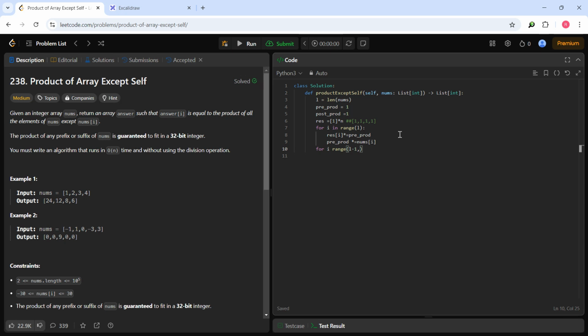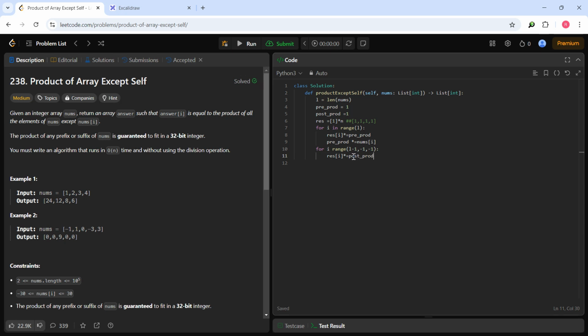Then it will go to the last term, but in reverse order. This is the syntax in Python to loop in reverse. And this time again we will write result at i would be multiplied by, result at i was already multiplied by the pre-prod, but right now we would be multiplying it with the post-prod also.